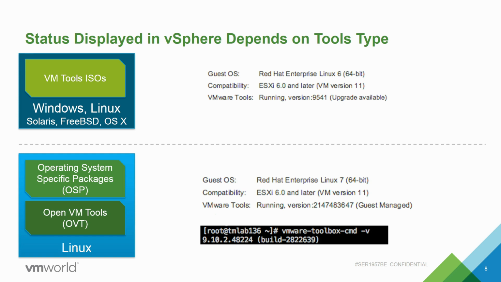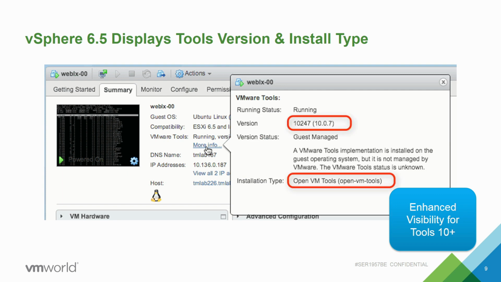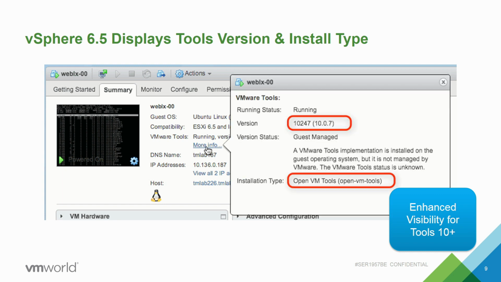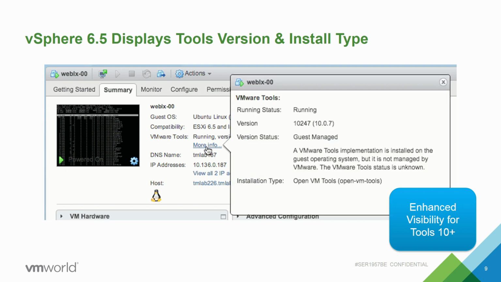And so in vSphere 6.5, this is an enhancement, we'll now tell you much more useful information about all the tools that are installed in your VMs. So as long as you're on a version of VMware Tools 10.0 or later, and vSphere 6.5, you look in the web client and we'll tell you what type of tools are in there.